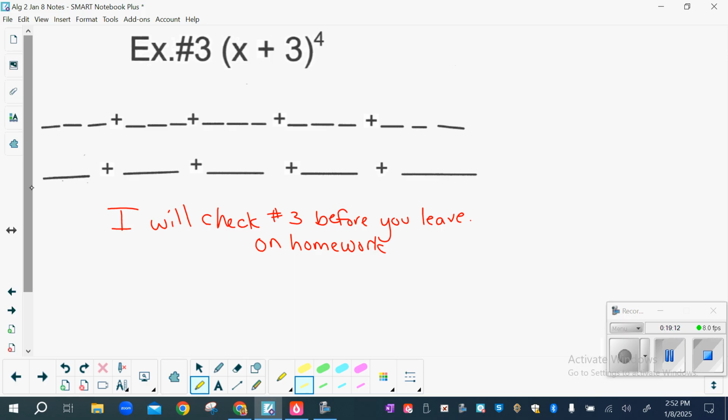Well, you know what 27 times 4 is? So simplify it. Those results are 1, 2, 3. And then row 4 is 1, 4, 6, 4, 1.